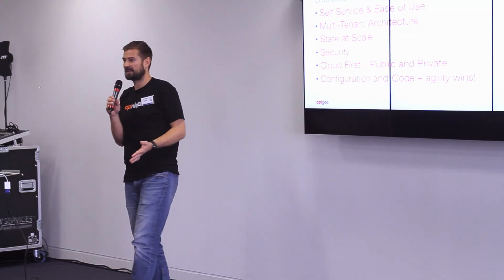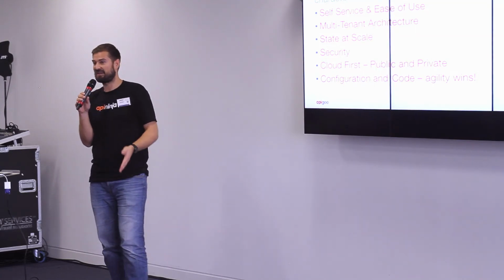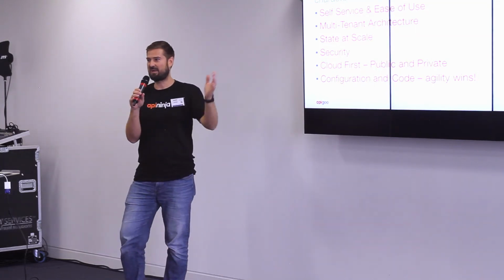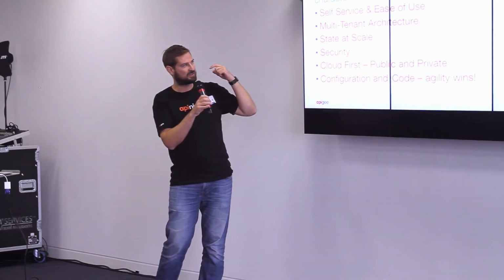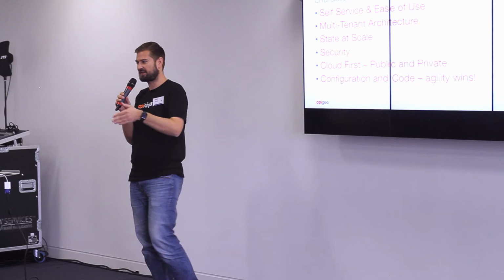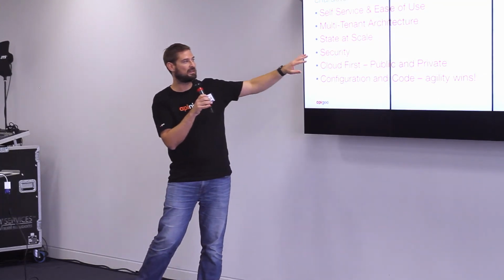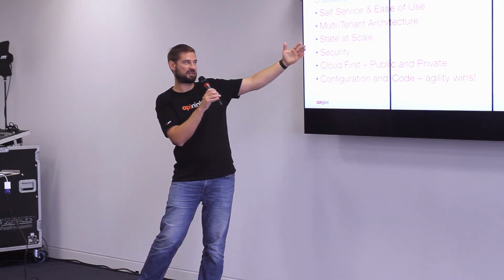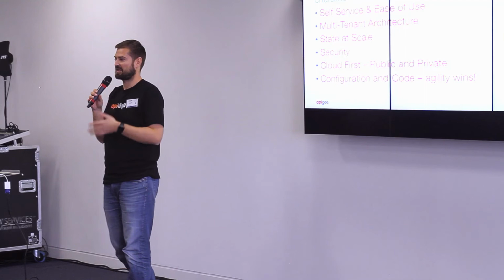Scale is easy, and you guys all do it. I know that you've got tens of thousands of VMs, and how many physical machines have you got? That's scale, but to do state, to handle transactions and statefully do it, it's really tough, and you need to think about that from the beginning. I'm not going to say too much about security because you guys get it, and probably it's the number one thing that's holding you back from actually doing stuff.